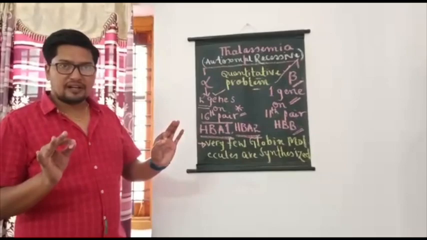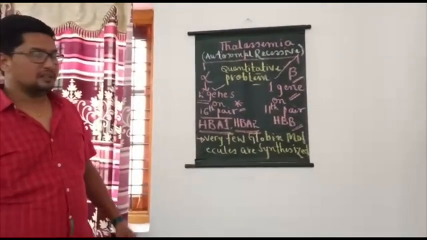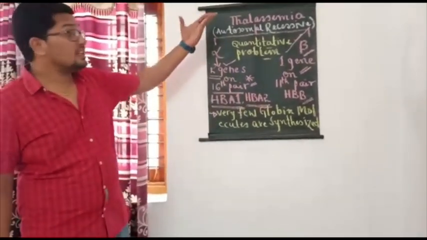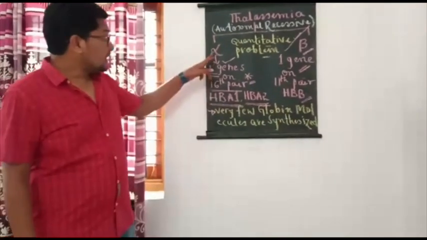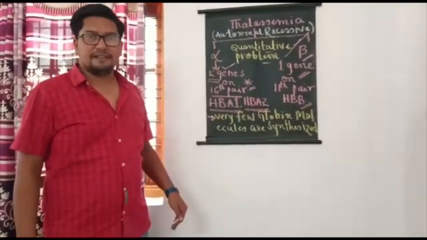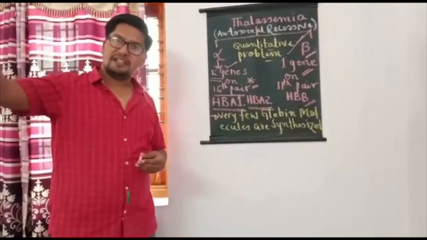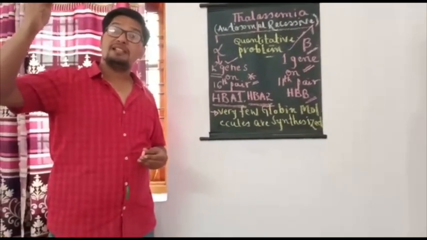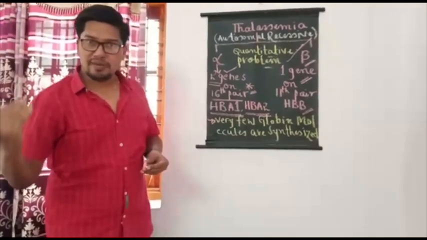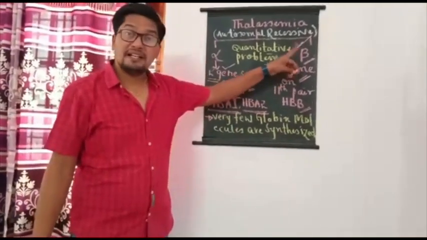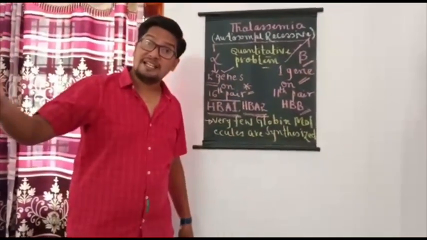And just for your information, remember, we can classify thalassemia further. In medicine, doctors classify thalassemia into alpha thalassemia minor and alpha thalassemia major. Similarly, beta thalassemia minor and beta thalassemia major.